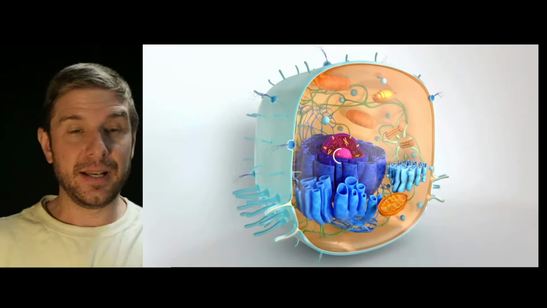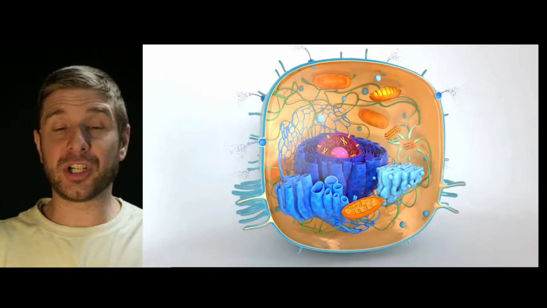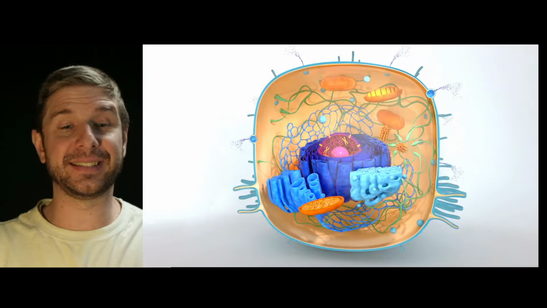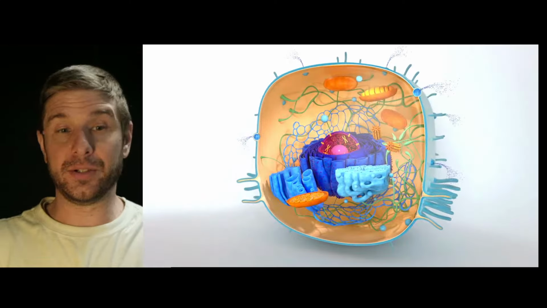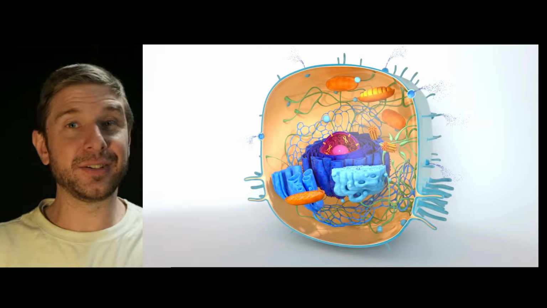Back to the cell, there are 14 major complex parts or systems in every single cell that we know of, at least right now. And they're all needed for the cell to function.